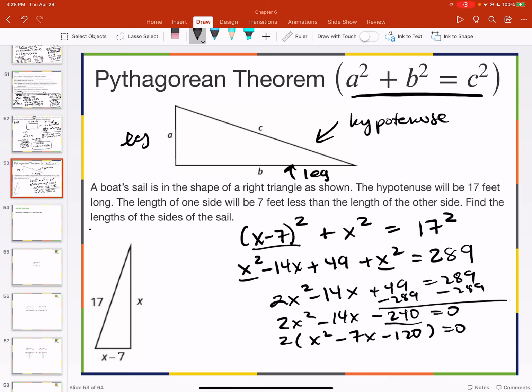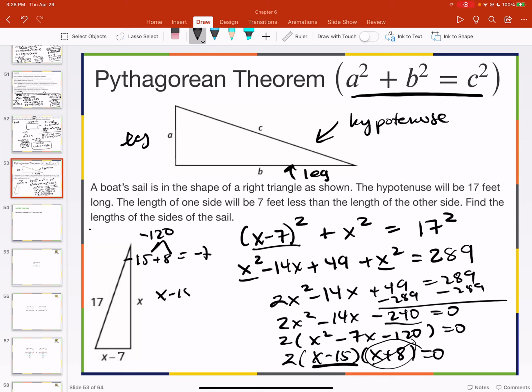We have negative 120, factors of negative 120 that when combined give me negative 7. That's going to be 8 and negative 15. So that's going to be (x minus 15)(x plus 8) equal to 0. Solving for x, x plus 8 gives us a negative answer, so we don't need that. Let's keep this one.